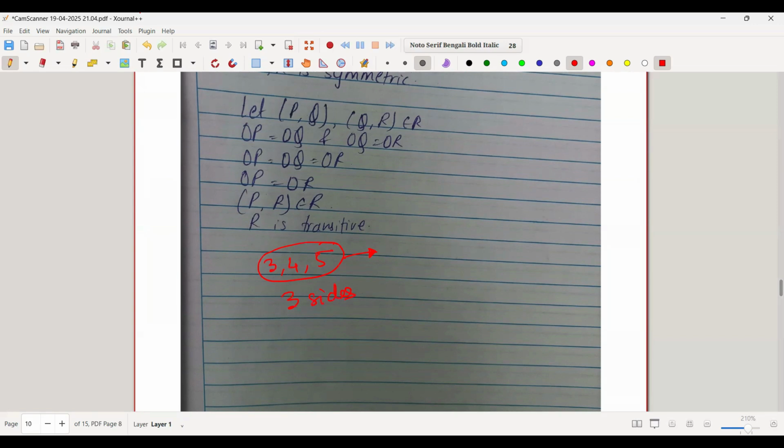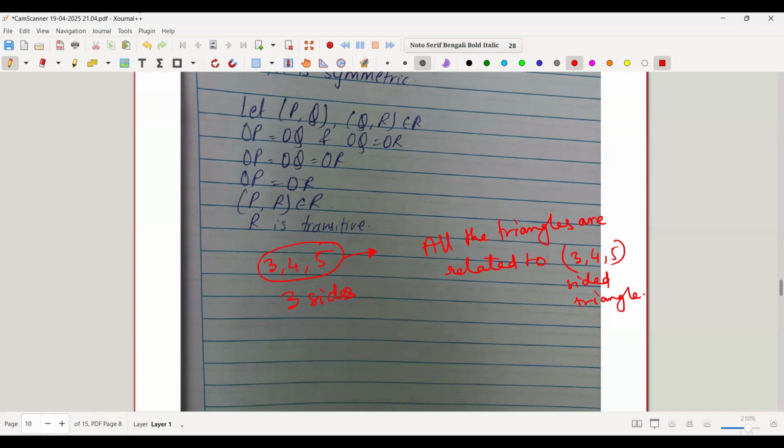So all the triangles are related to the 3, 4, 5 sided triangle, because this is a right angle triangle.